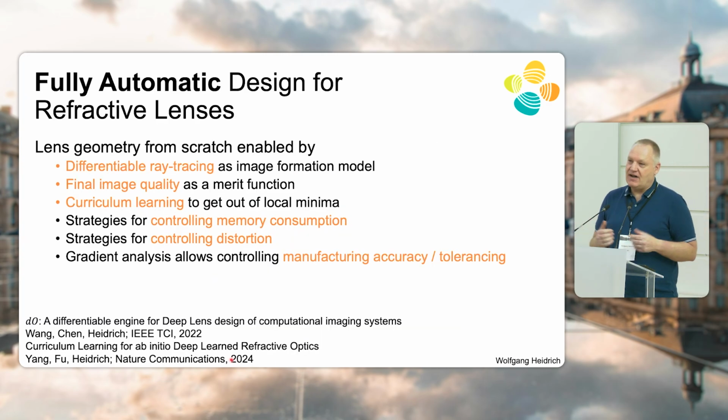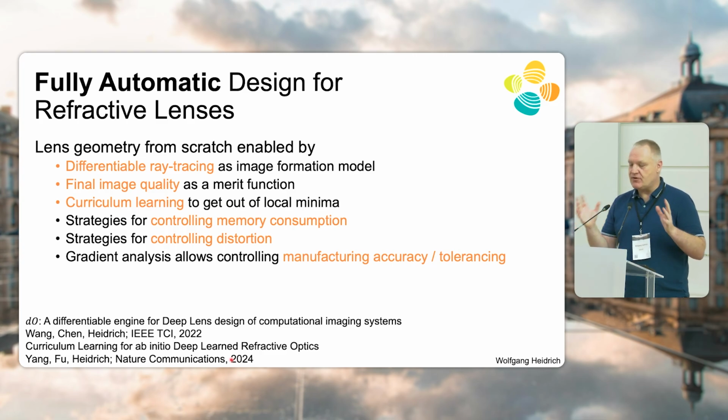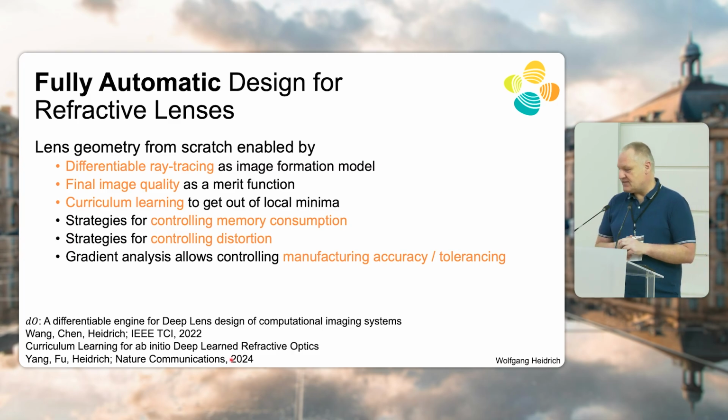Since then, we've started putting a lot of energy into taking this end-to-end, differentiable design strategy to the space of refractive lenses. We have a sequence of papers, and also open source code, by the way, that you can download, the DO system and the follow-up systems, basically a specific ray tracer just for lens design.